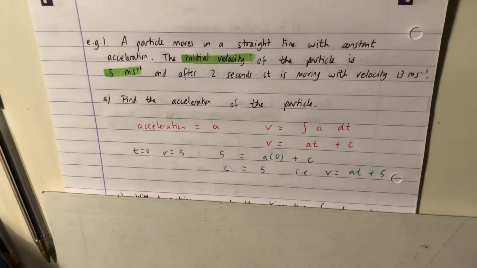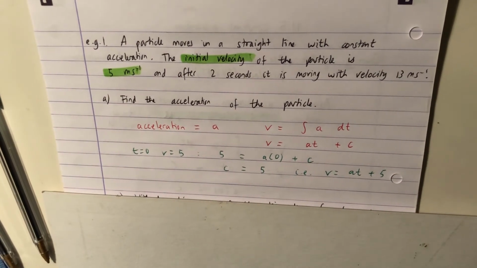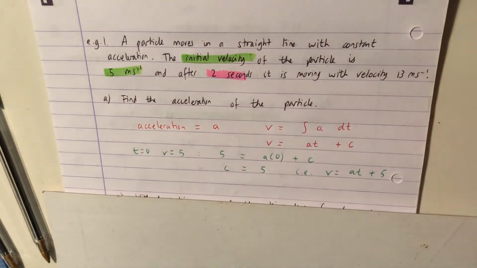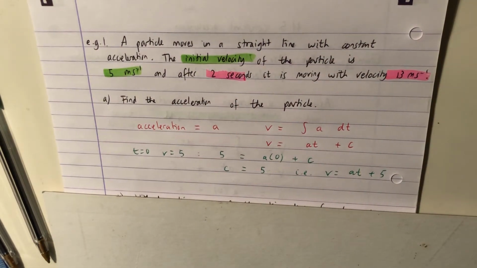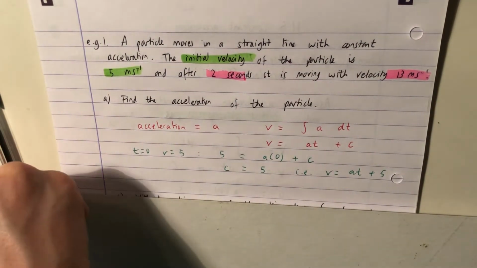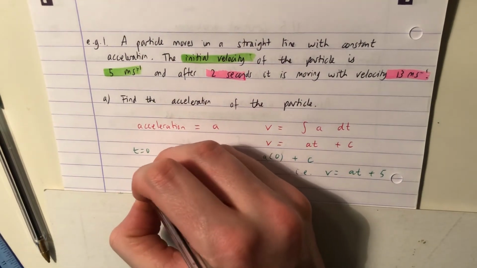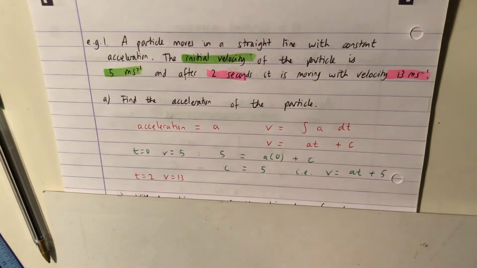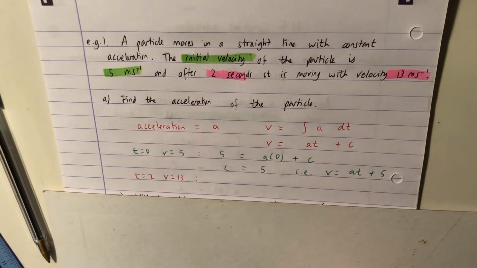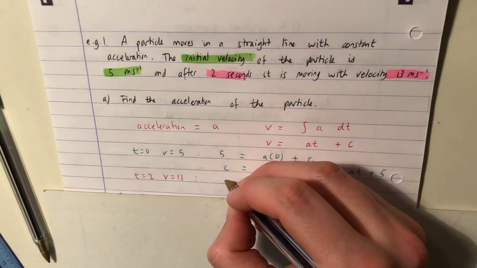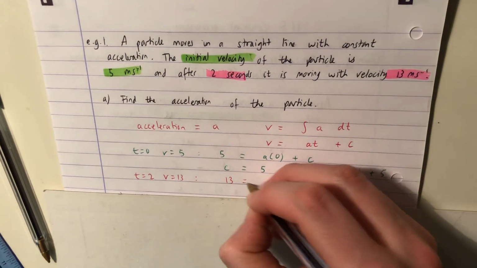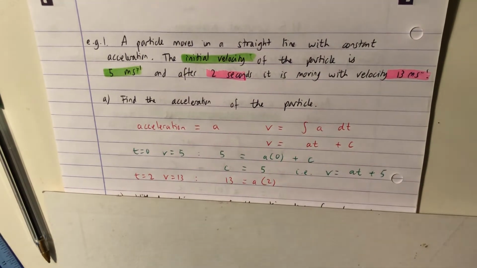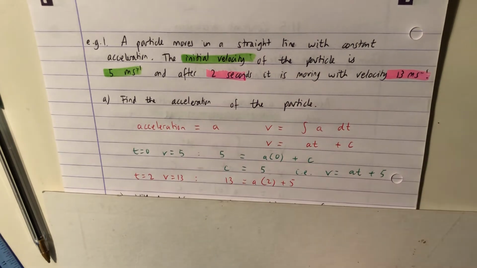And we're also told that after 2 more seconds, the velocity is now 13, which means 2 seconds later, t is equal to 2, v is equal to 13. If you substitute that in, you get 13 is equal to a times 2 plus 5.